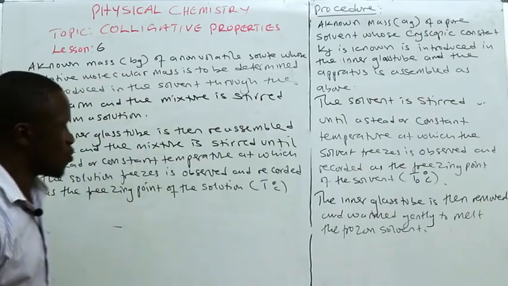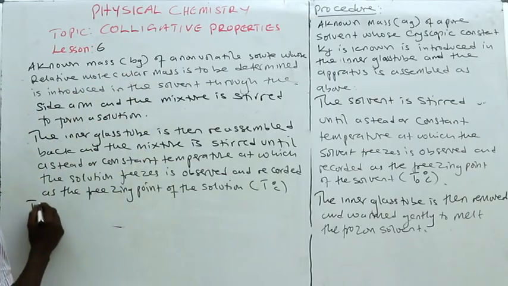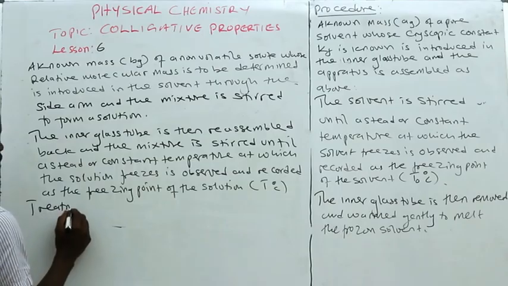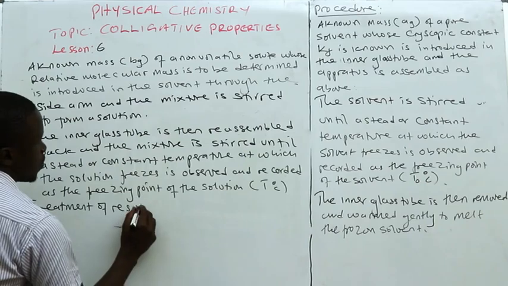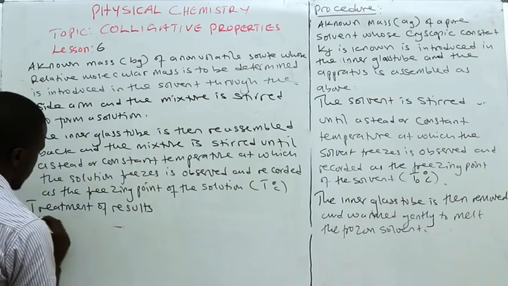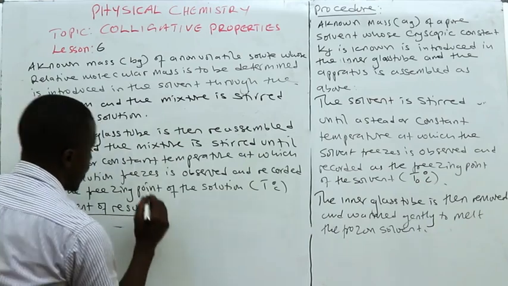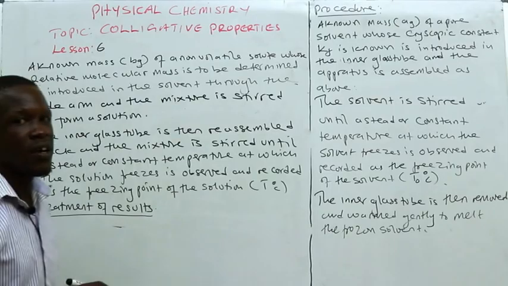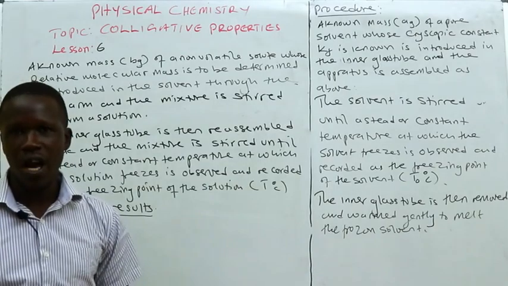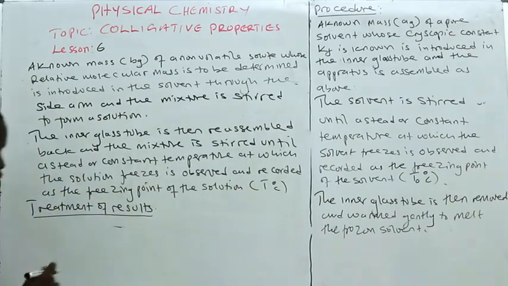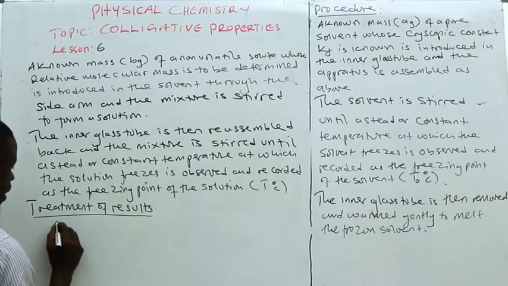So what we are going to do now is treatment of results. How do we determine the molecular mass from these results that we have? Treatment of results, what do we have?